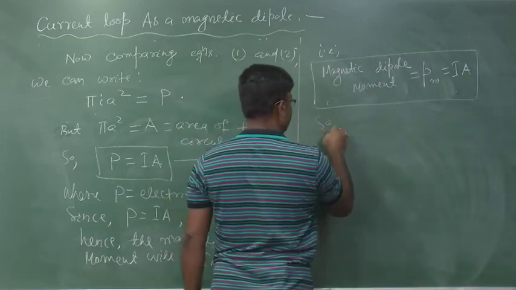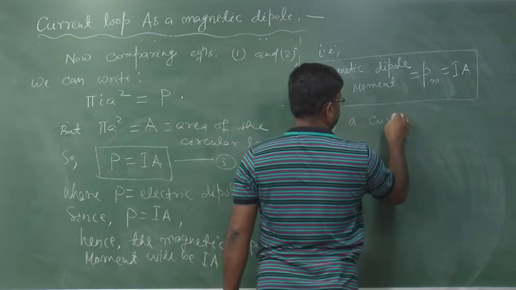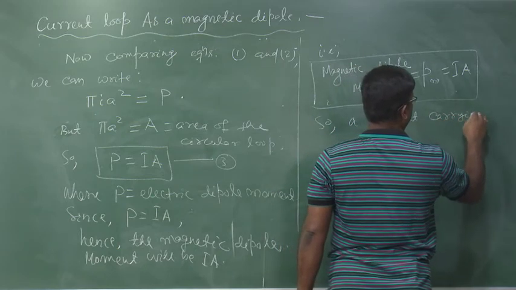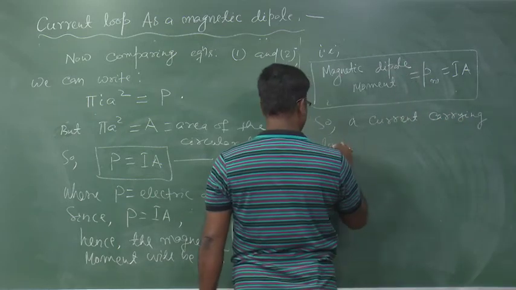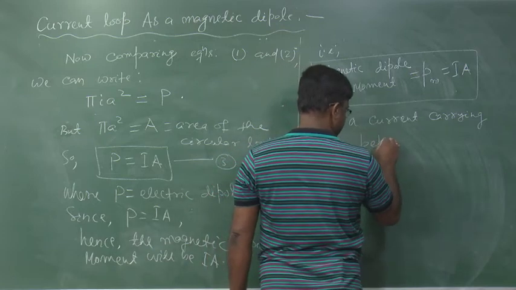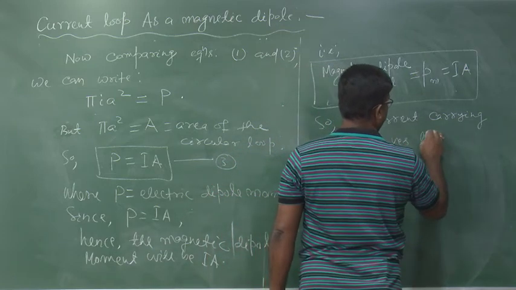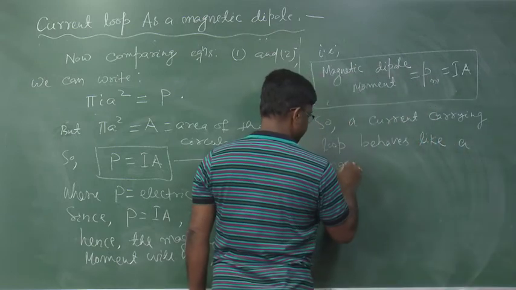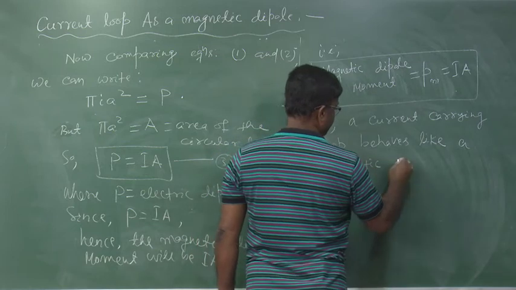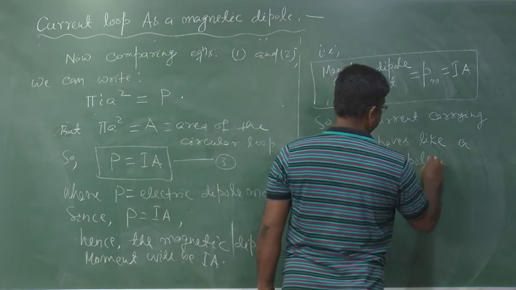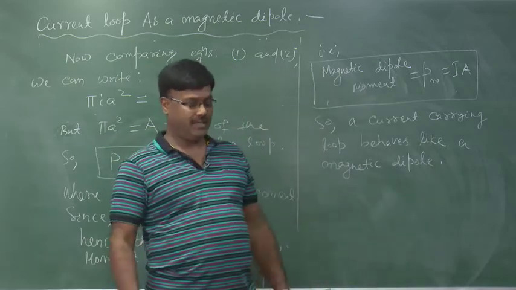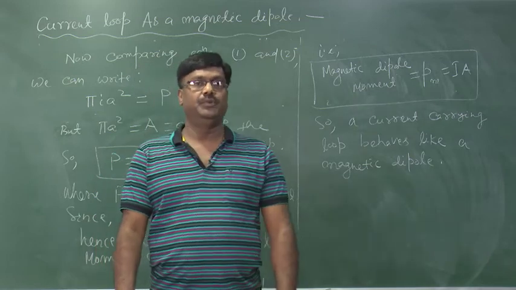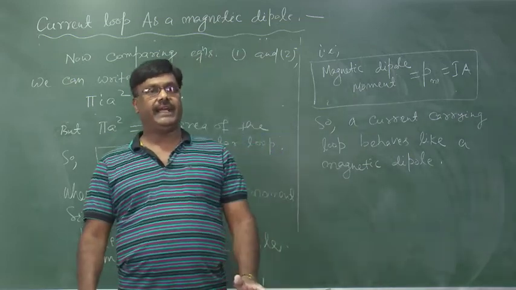So, a current carrying loop behaves like a magnetic dipole. Here we have shown that a current carrying loop behaves like a magnetic dipole.